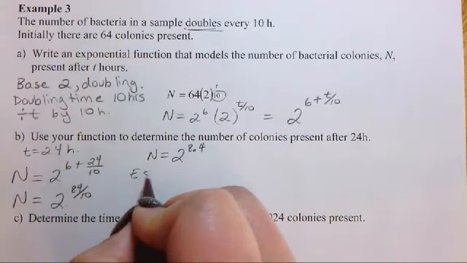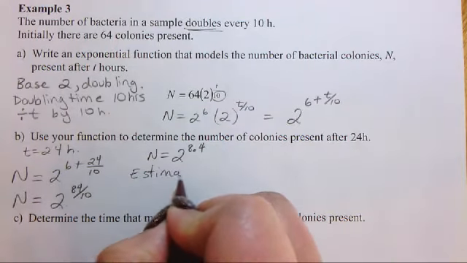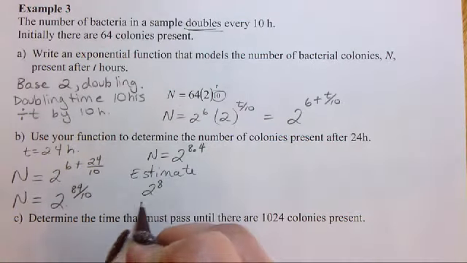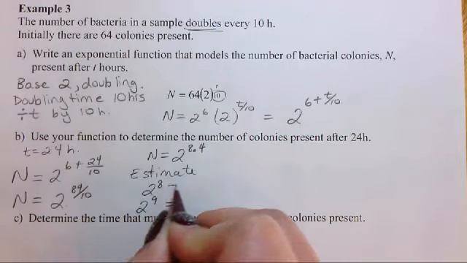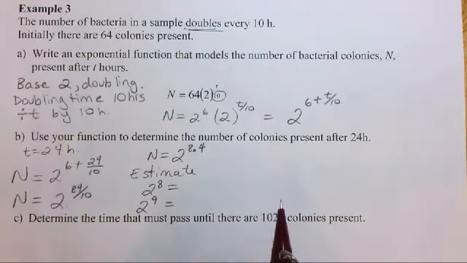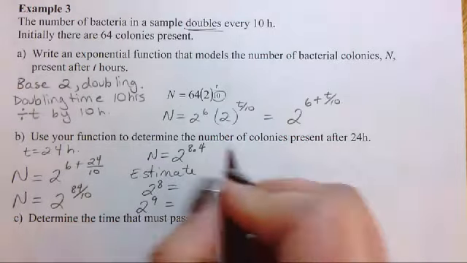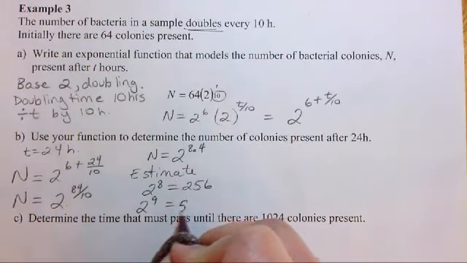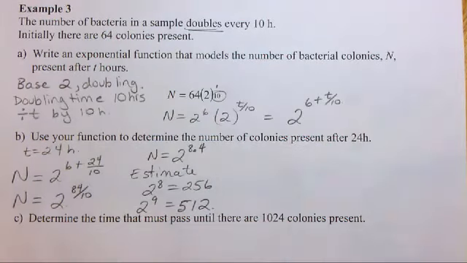To estimate, you can figure out what 2 to the power of 8 is and 2 to the power of 9 is. Those were a couple of the common ones that we told you at the beginning would be good to be familiar with, in case you are not allowed to use your calculator.